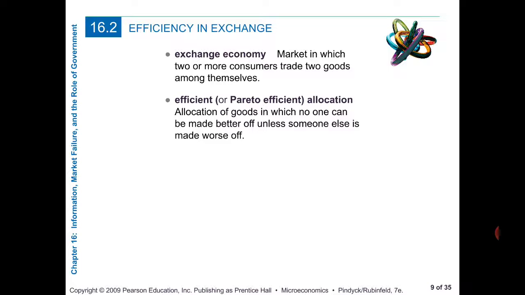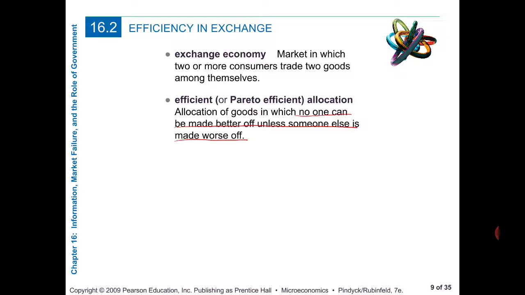Okay, 16.2, efficiency in exchange. An exchange economy is a market where two or more consumers trade two goods among themselves. A Pareto efficient allocation is an allocation of goods in which no one can be made better off unless someone else is made worse off. So that's the criterion for efficiency.